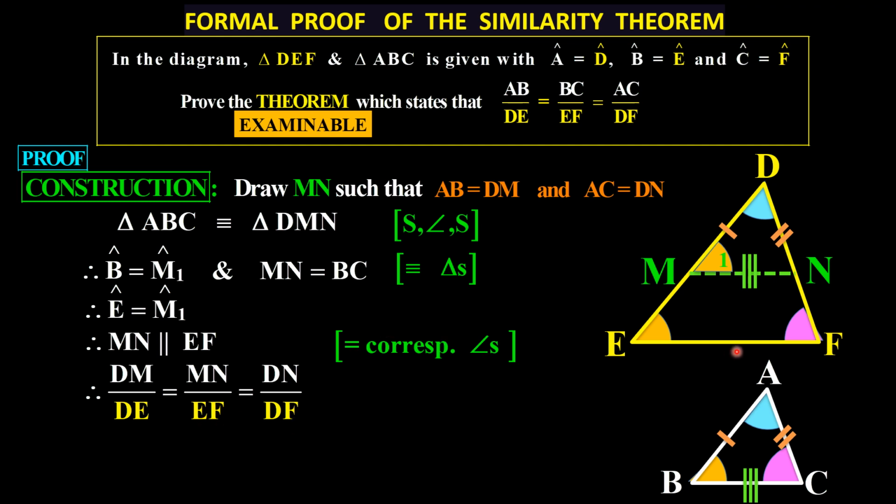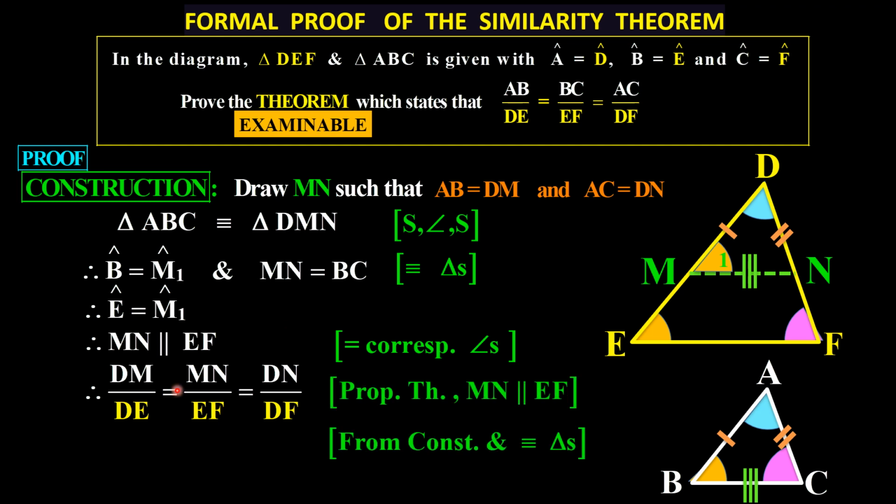And DN is equal to AC, that is from my construction. So if we use our construction and our congruency, we end up with that statement. And there we've proved that if two triangles are equiangular, then their corresponding sides are in proportion. Exactly the same as what we have there.